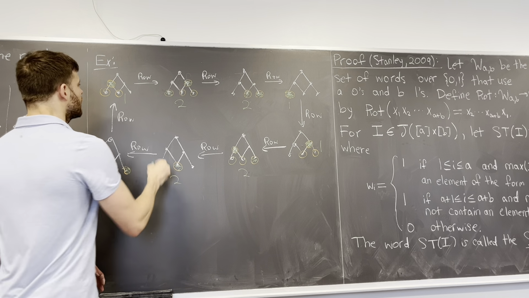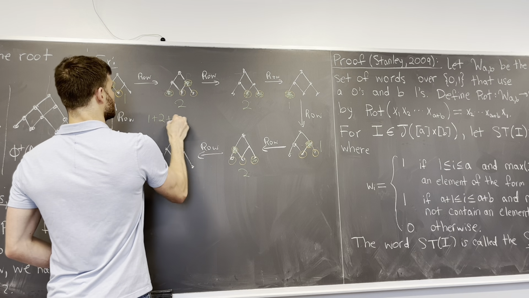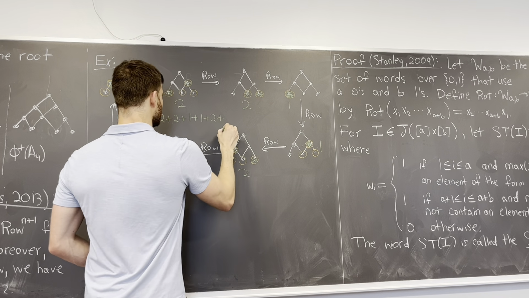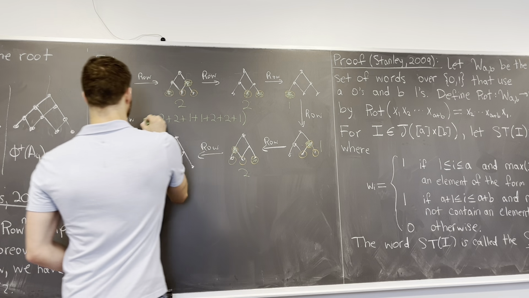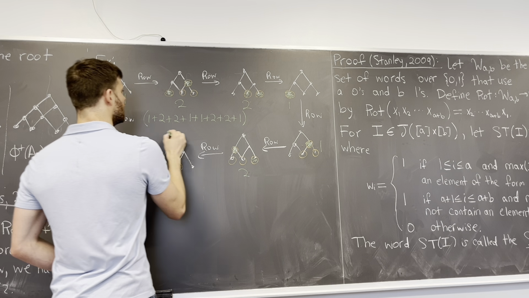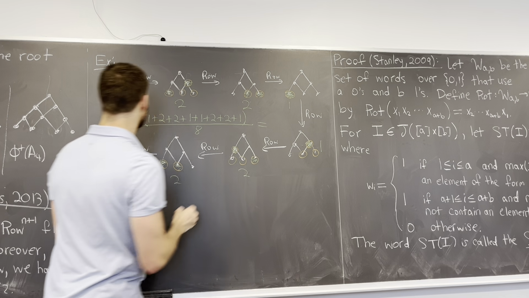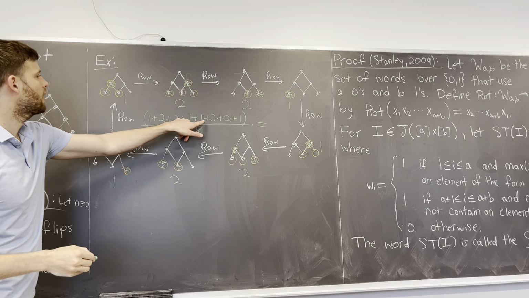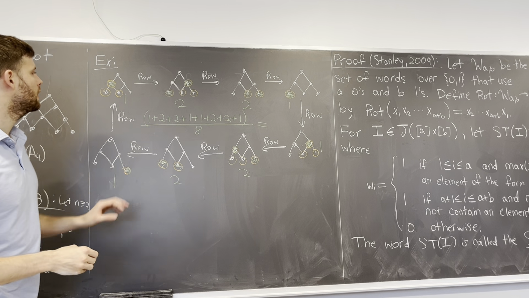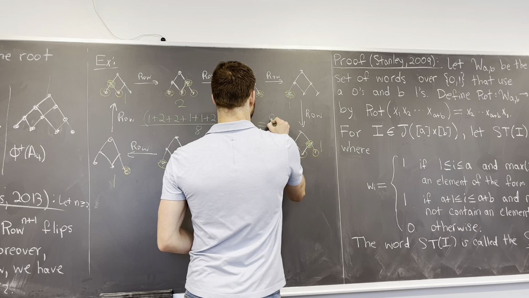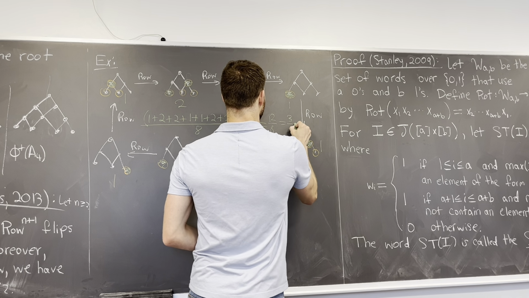And then if I add these up, 1 plus 2 plus 2 plus 1 plus 1 plus 2 plus 2 plus 1, and I divide by the size of the orbit, which is 8. Okay, what is this? 3, 5, 6, 7, 8, 9, 10, 11, 12. 12 divided by 8 is 3 over 2.